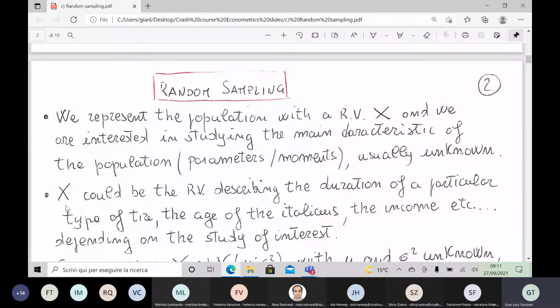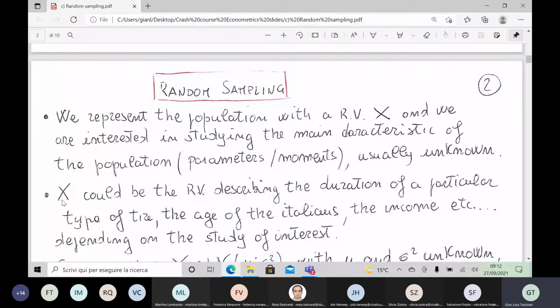Okay? So suppose, for example, let me read: X, capital X, could, for example, be the random variable describing the duration of a particular type of tire. If you select a given tire, you have a particular duration, but X is a random variable that can assume different values, and these are the values that the durations of all the different tires can assume, because a particular tire has one duration, another particular tire has another duration.